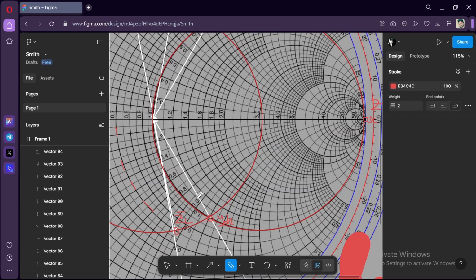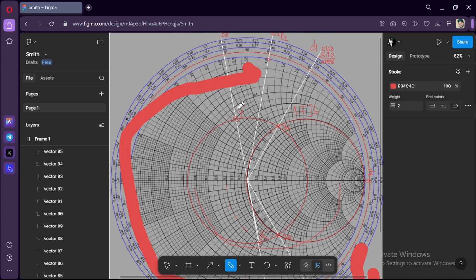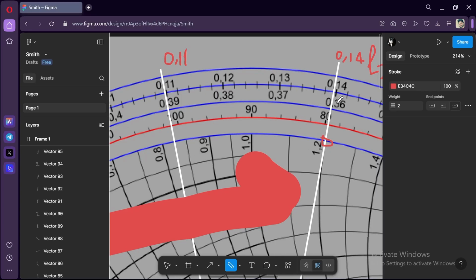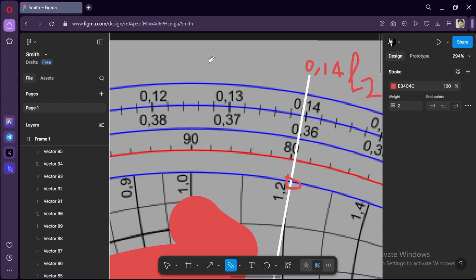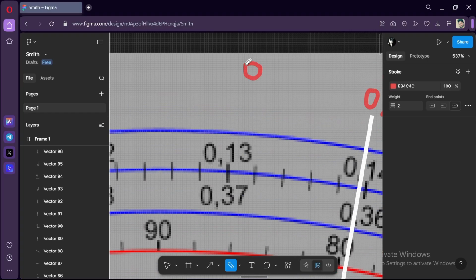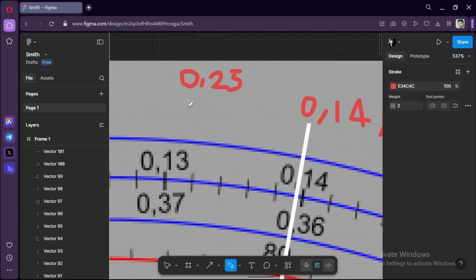We are making a half rotation here, from here to here, it is 0.25. After that, we are coming here, L2, which is 0.14. If we sum up these values, 0.25 is the half rotation, after that we come to this point, 0.14.